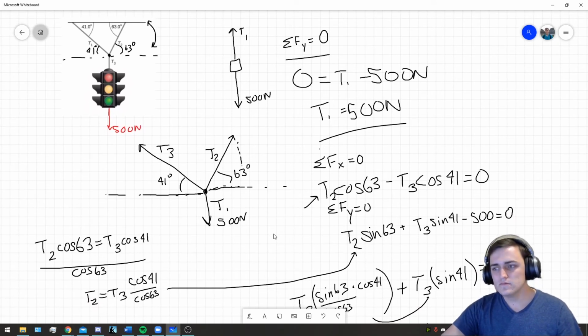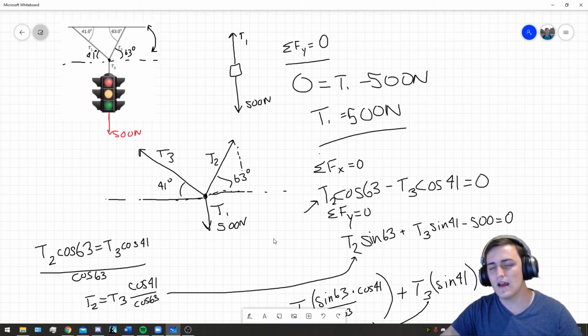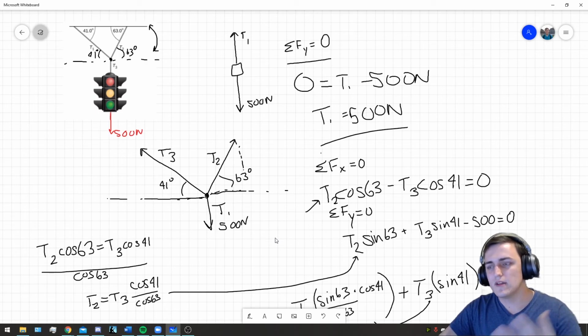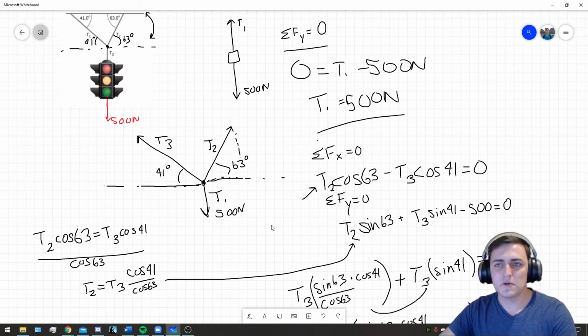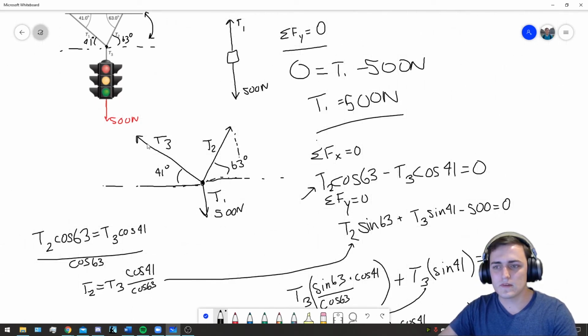So now we have an expression for T1. We know what T3 is, looking at this picture here. We can find T2 now by going back to this equation, this one here.